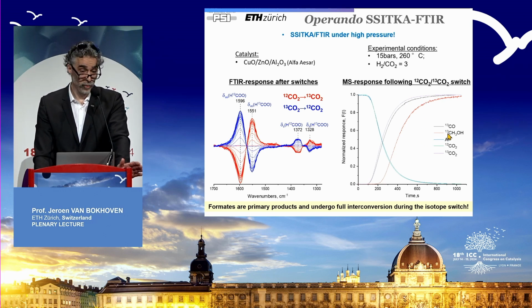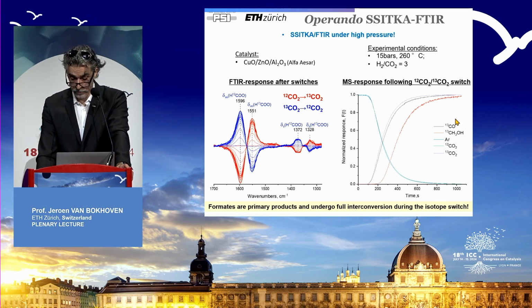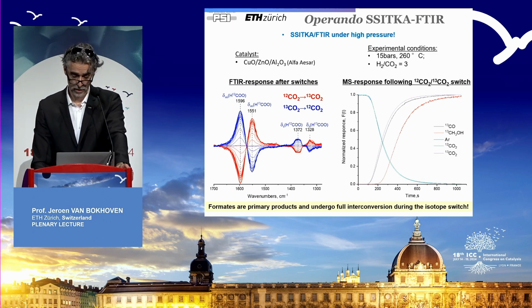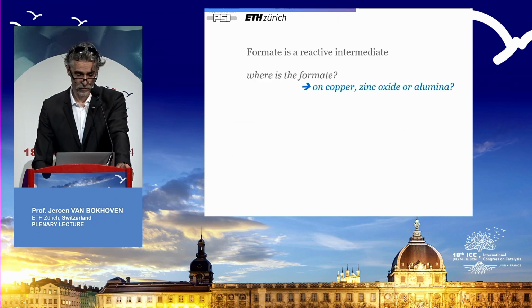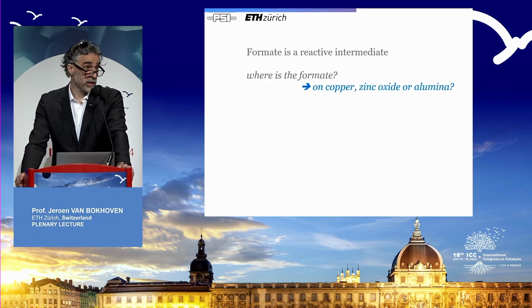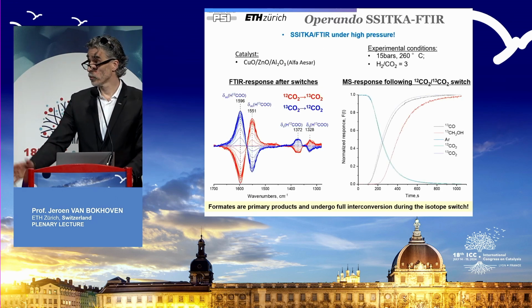But it's really the formates that are the primary products, and they will undergo full interconversion during the isotope switch. So we see in our system, under our conditions, the formate is the intermediate that is actually the precursor for methanol. So if formate is a reactive intermediate, the next question, of course, is where is this formate?